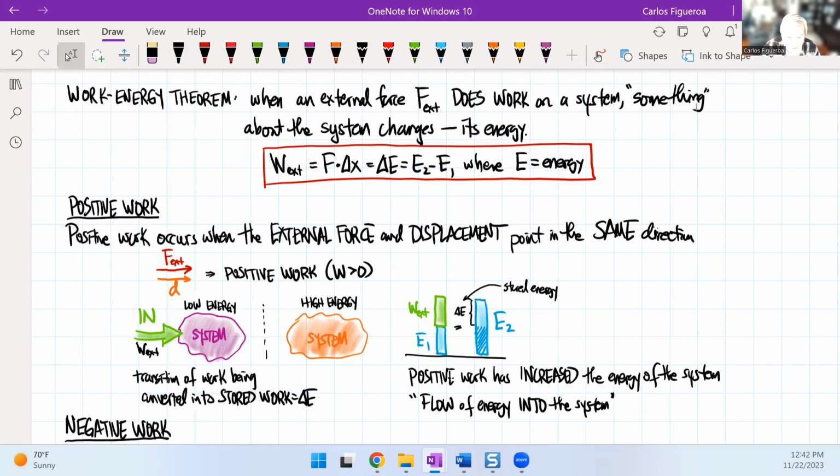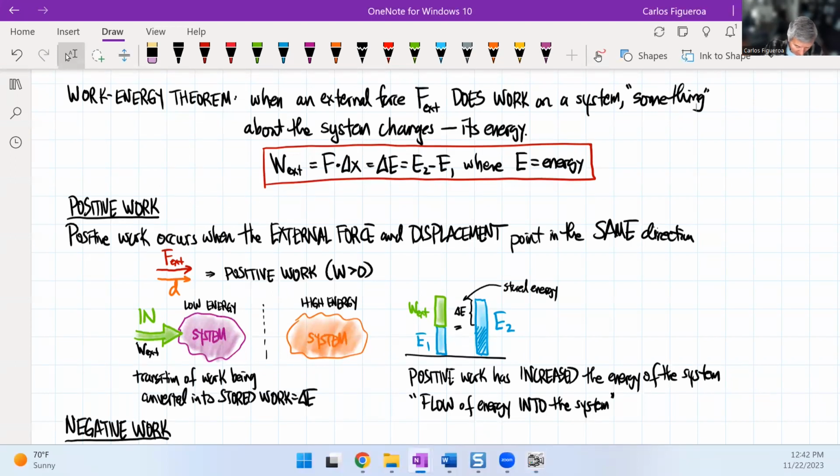As a result, you would have to do some type of mathematical calculation called a line integral.